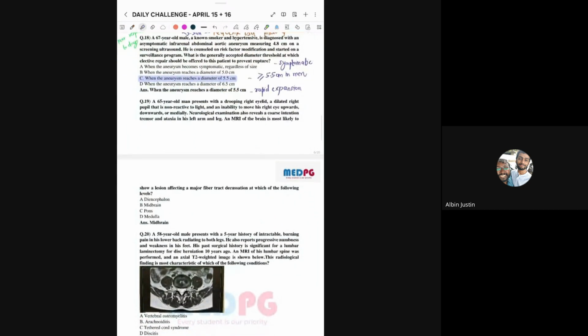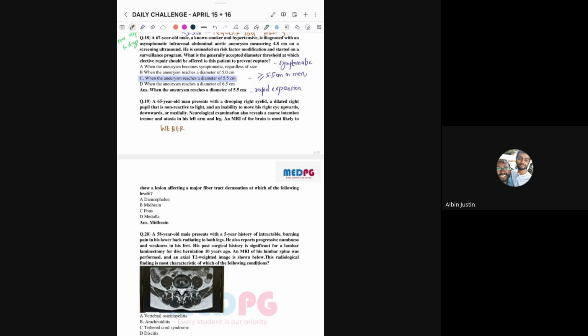Okay. Question number 19. A 65-year-old man presents with drooping of the right eyelid, a right dilated pupil which is non-reacting, inability to move his right eye upwards, downwards or medially, intention tremor and ataxia in his left arm and leg. MRI shows a lesion affecting a fiber tract decussation at which level? So we see a classical Weber syndrome.